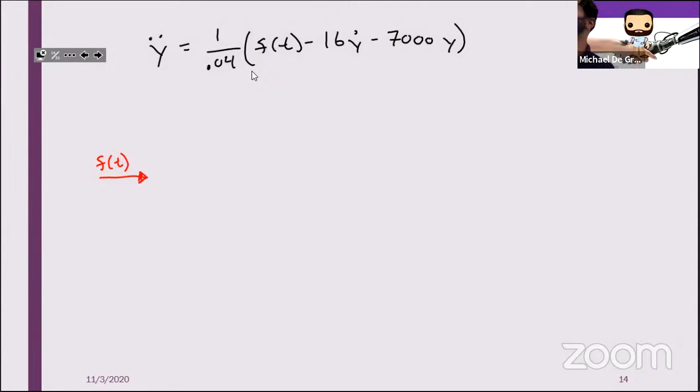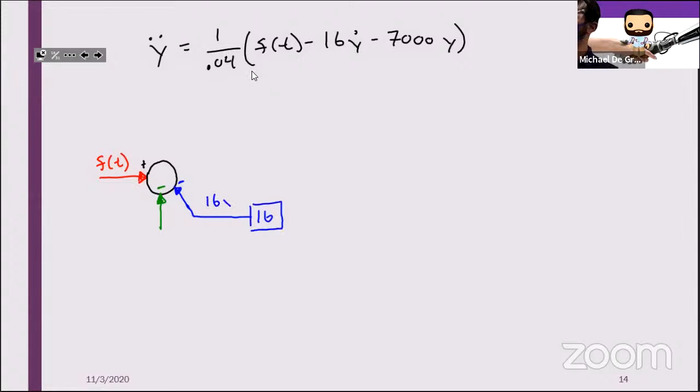What are we doing to f of t? Well, we're taking f of t into a summing junction, and that's positive. And we're subtracting from that two values, represented by these lines. What are they? Well, f of t minus 16 y dot.